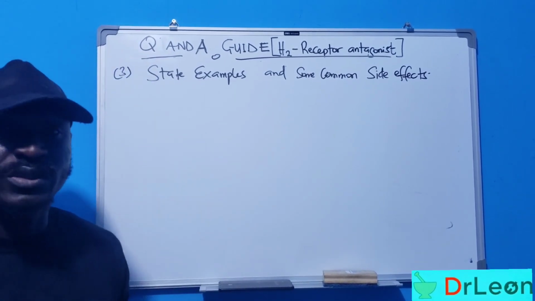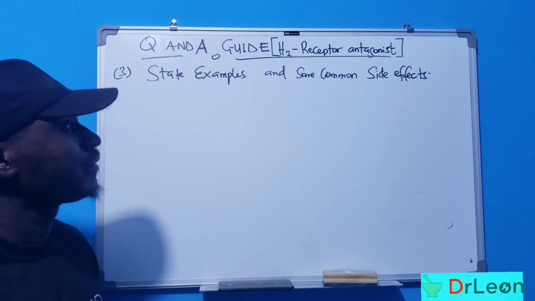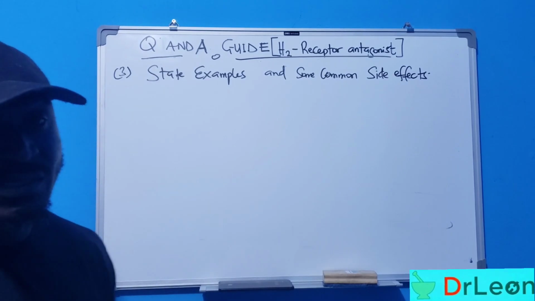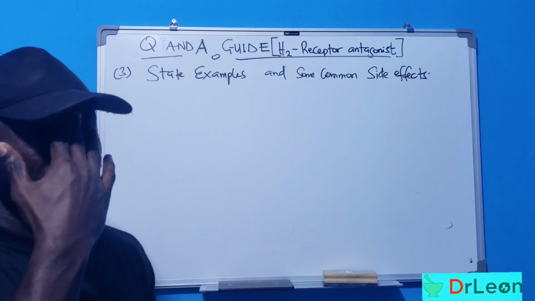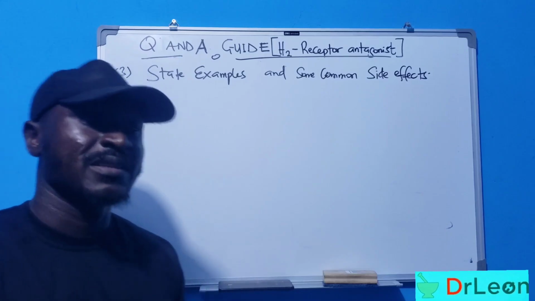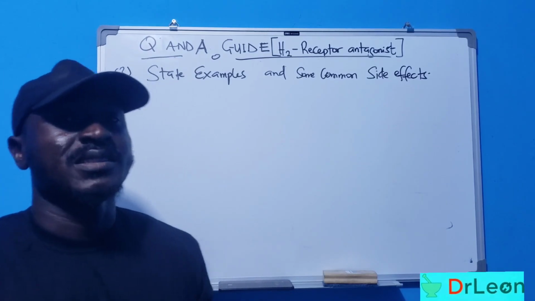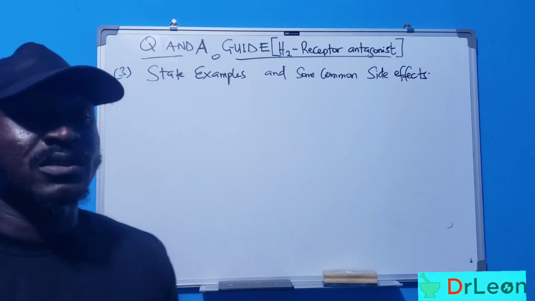State examples. I know you know them. And then some common side effects of H2 receptor antagonists. Side effects are important so that you can make the patient aware that these medications they are taking can actually cause these side effects.